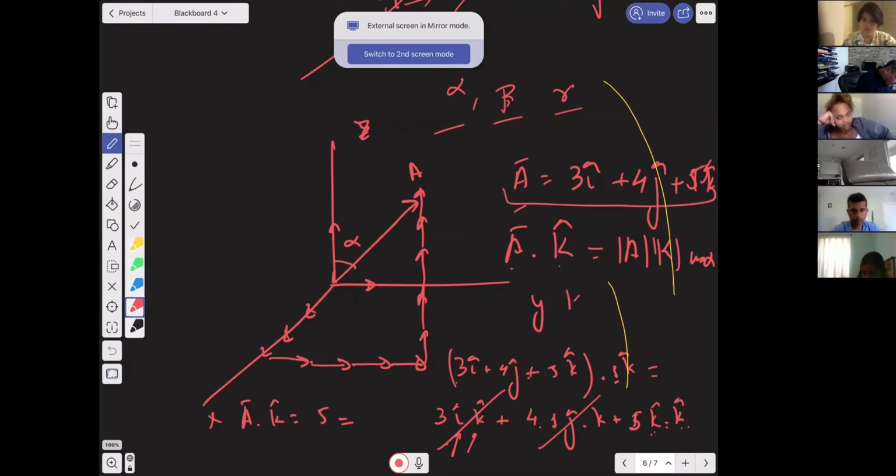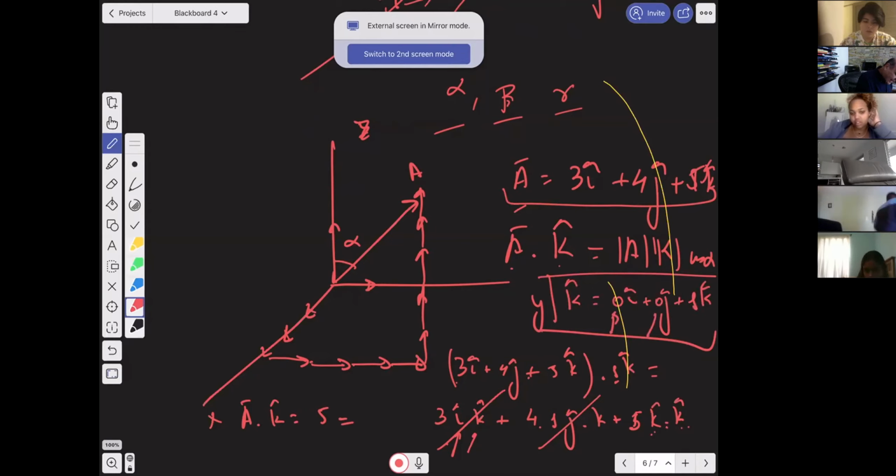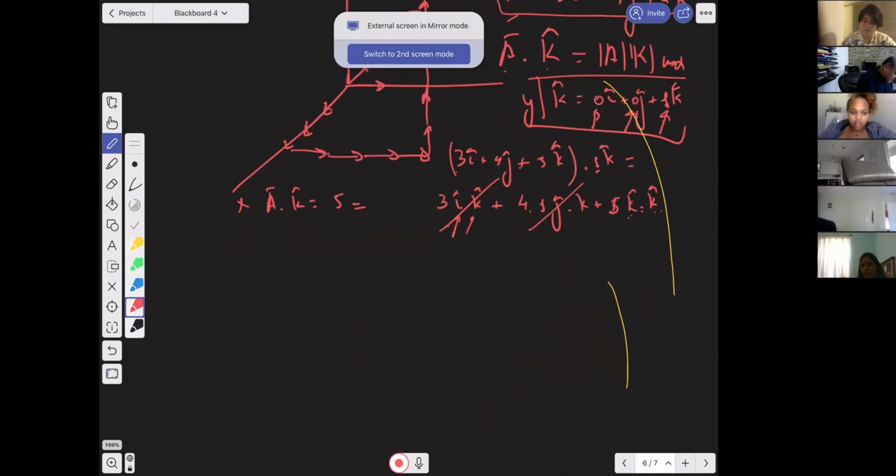The second vector is the vector k, that is 0i plus 0j plus 1k. So what is bx? 0. What is by? 0. What is bz? 1. What is ax? 3. What is ay? 4. What is az? 5.